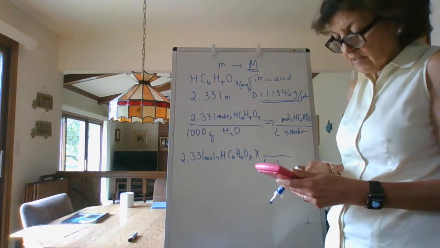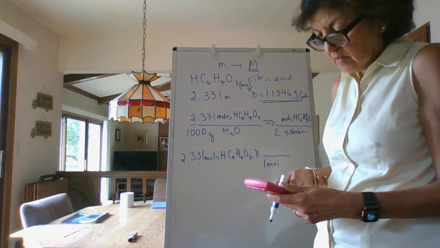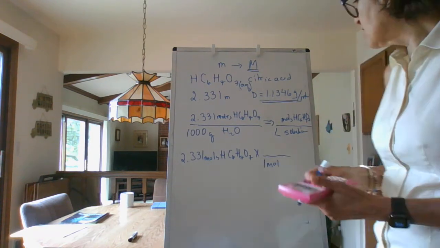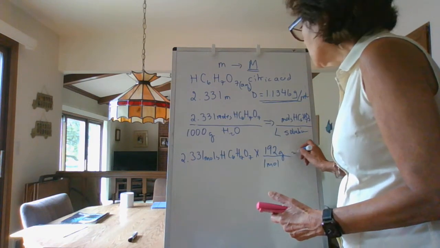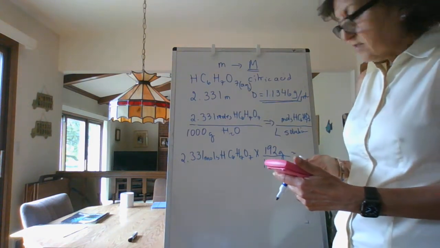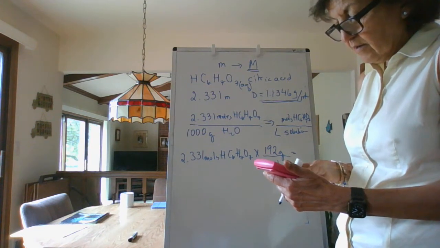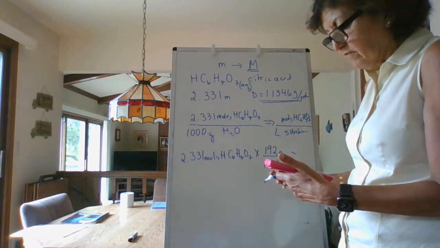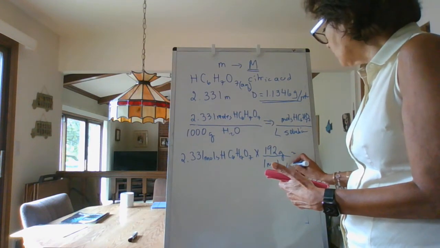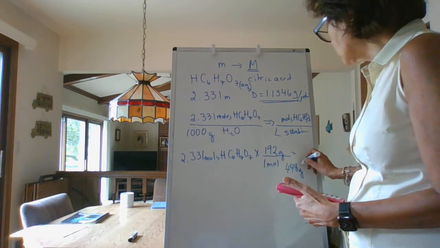Plus oxygen is 16, and I have 7 of them. So yeah, 192. All right, so 192 grams. All right, so 192 times 2.331 is equal to 447.5. So I'm just going to go 448 grams of citric acid.